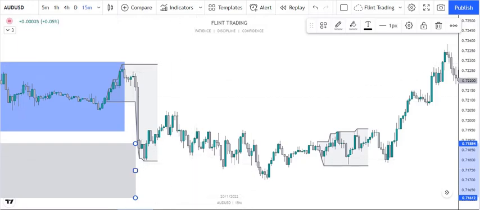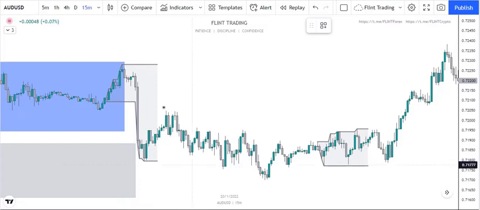All right, so let's just mark that. This was our structural low. Now within this, we could have looked for entries, but this was too much, like the price had to go all the way up south, and on the RR we would have had a huge range to trade, which was not ideal, but price did its thing.